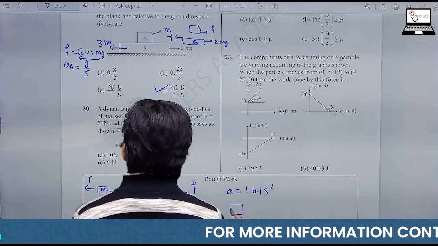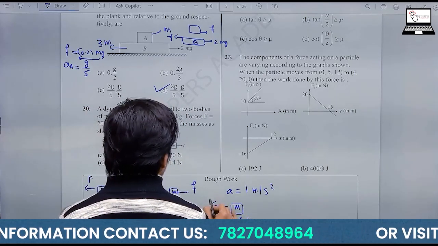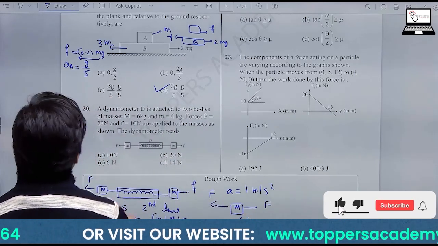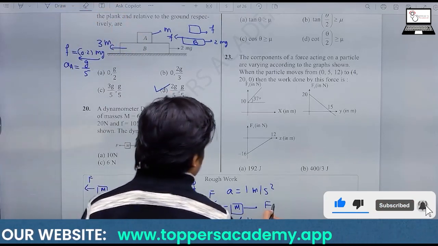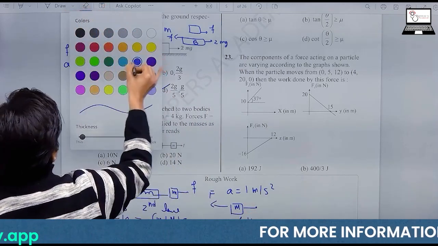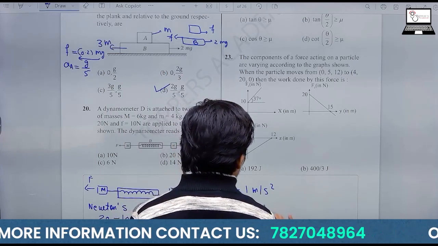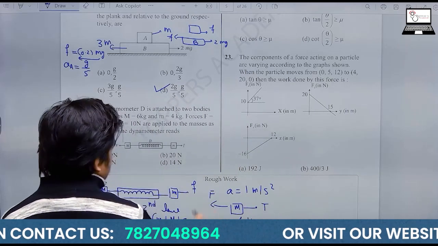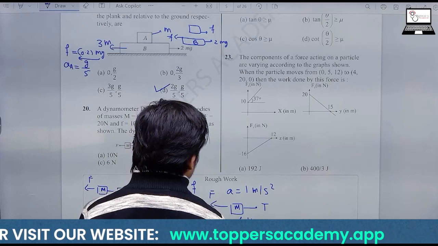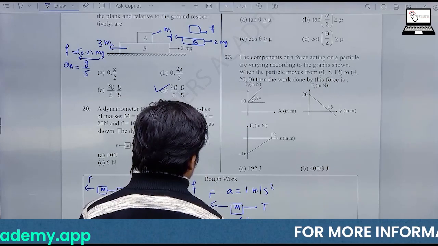Now if I assume that the tension due to the spring will act in the backward direction on this, suppose that is T. So you can write that F minus T is equal to 6, so T is equal to F minus 6.